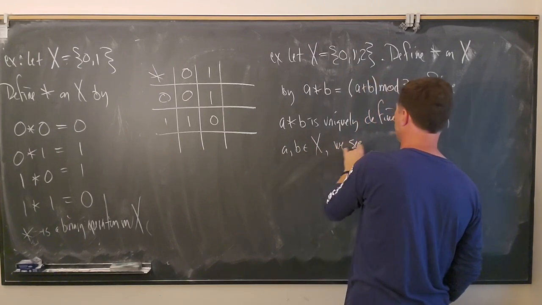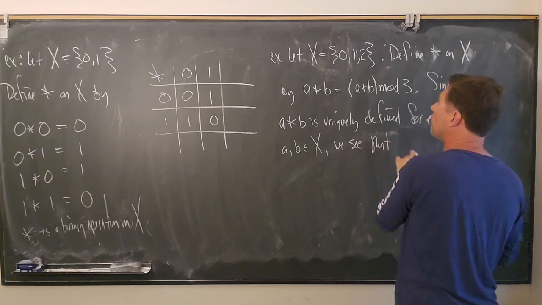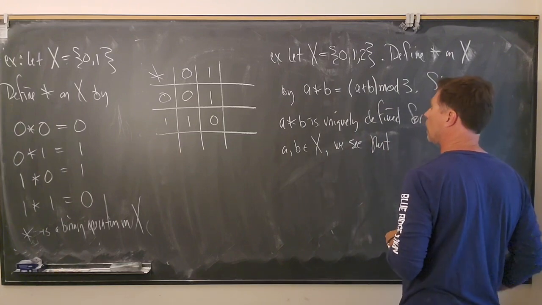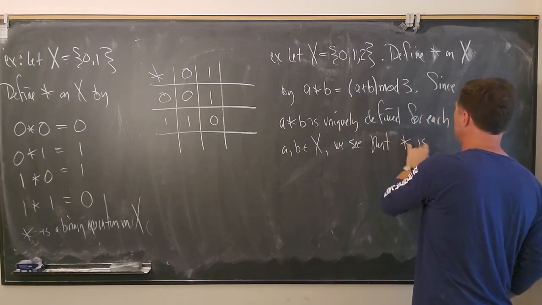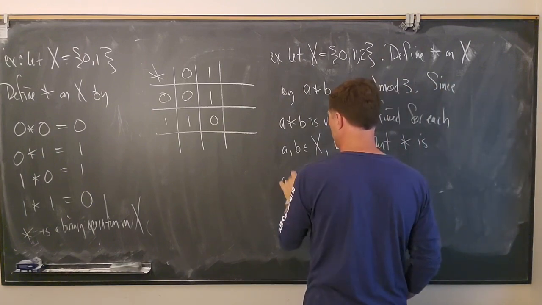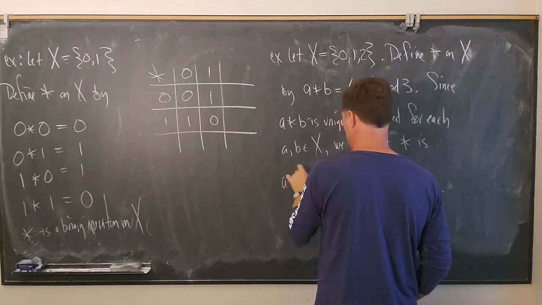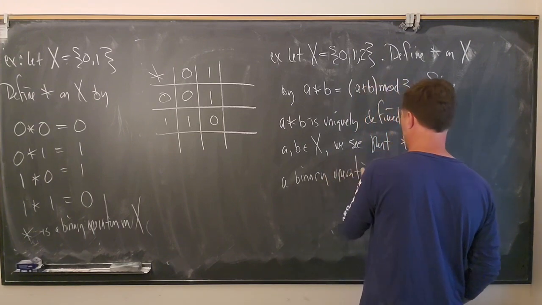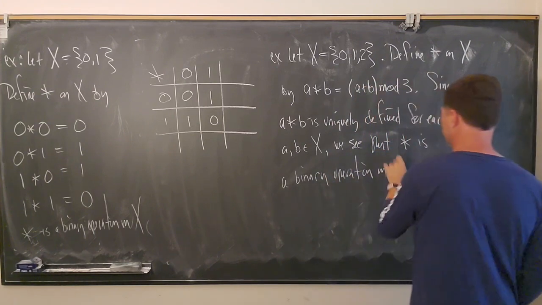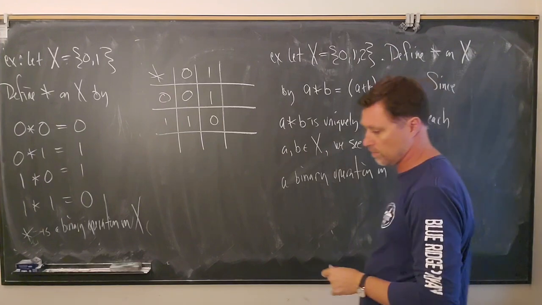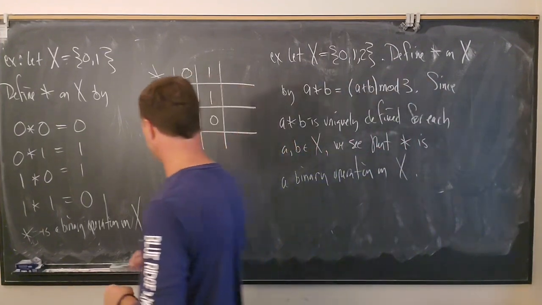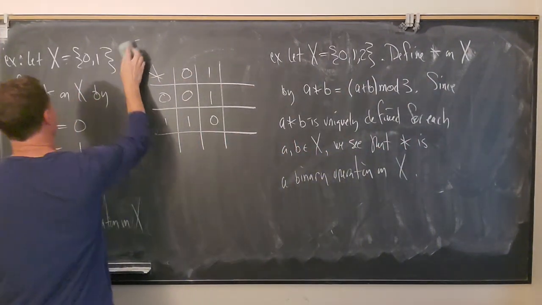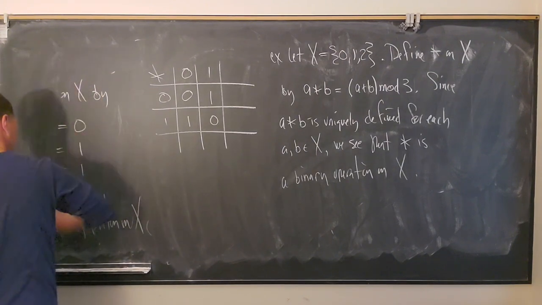we see that star is a binary operation on capital X. So what we can do is actually make the table now for this binary operation.